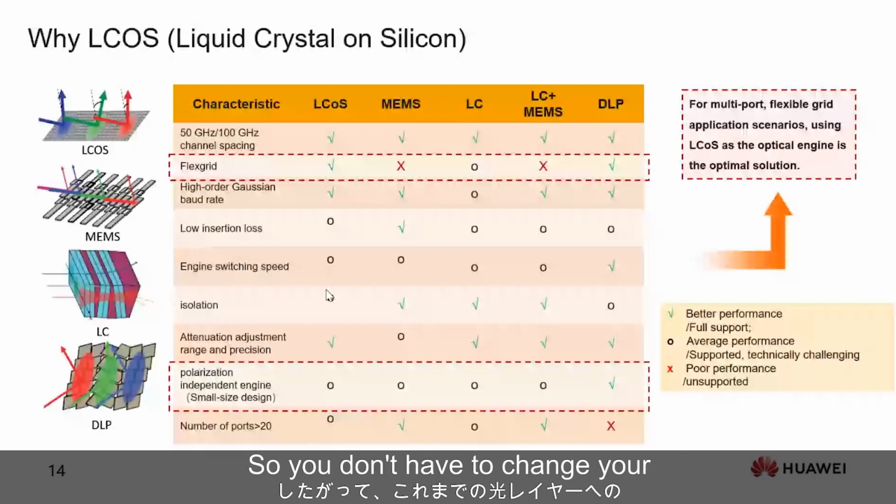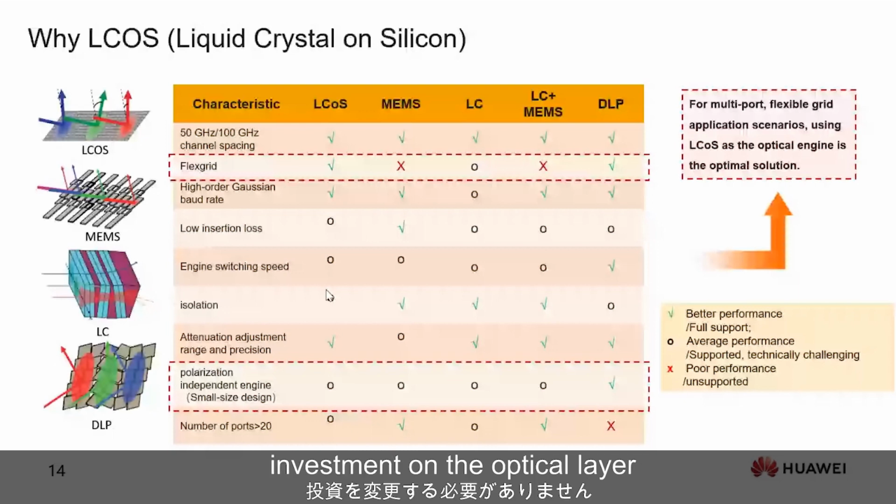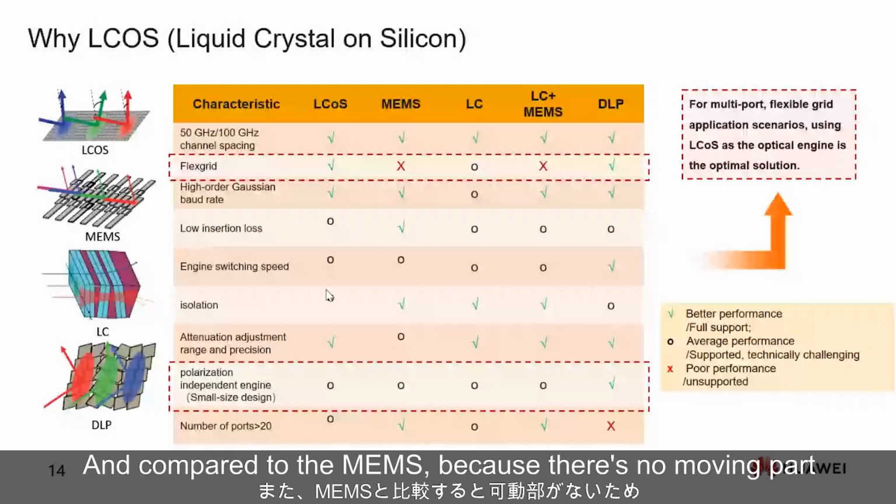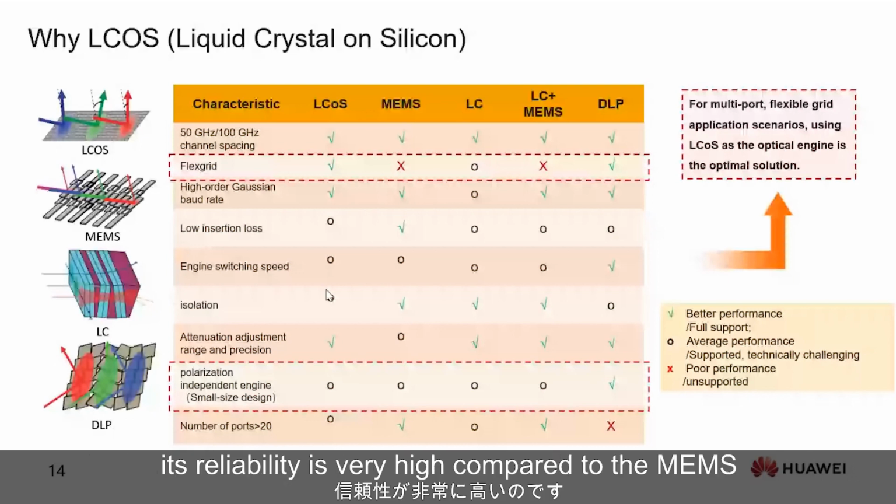So you don't have to change or invest in the optical layer. This is the main contribution, I think, of liquid crystal. And compared to MEMS, because there are no moving parts, its reliability is very high.